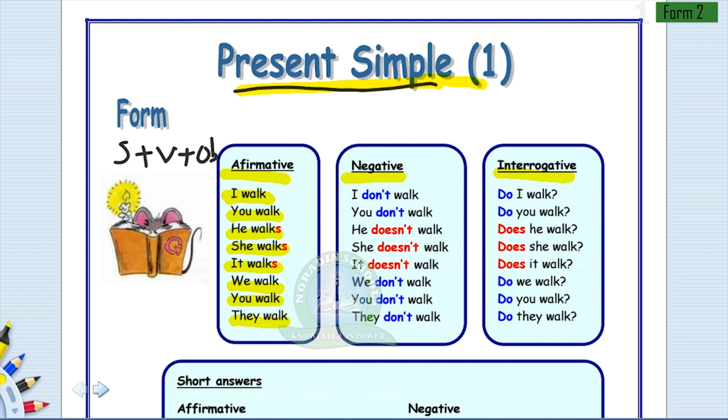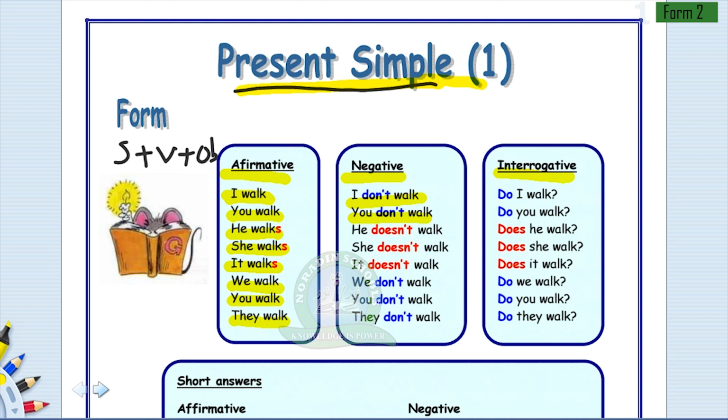So in here, I we will consider as plural. Here, I don't walk, you don't walk. In here we have he. This is a third person pronoun, so we add doesn't.